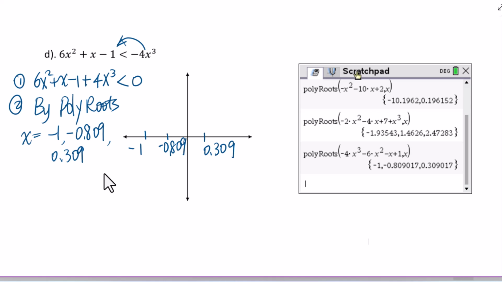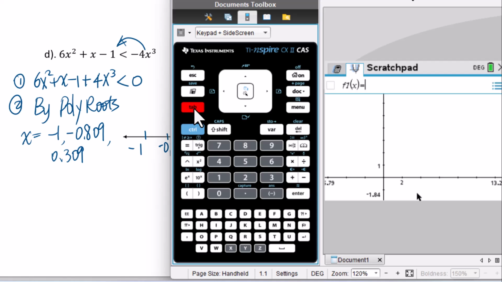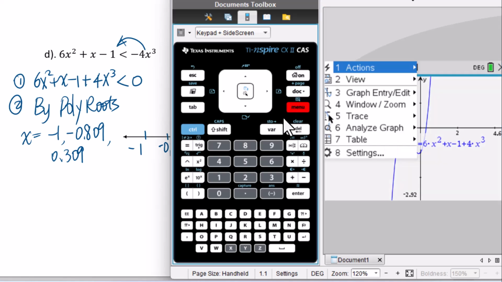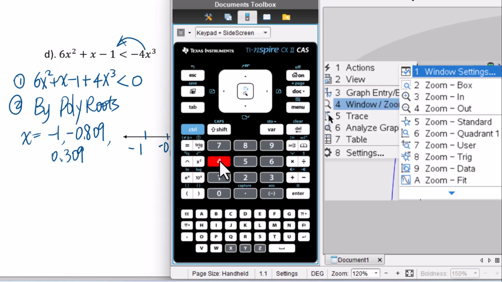Then we graph this polynomial function. Have 6x squared plus x minus 1 plus 4x to the third power. Enter. The graph here is not that clear. So go to menu, 4, zoom in.